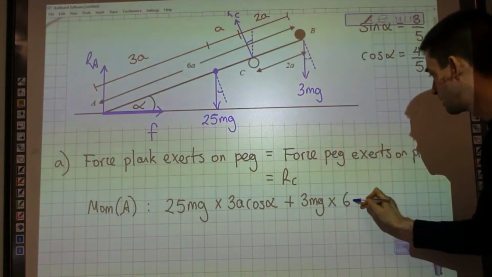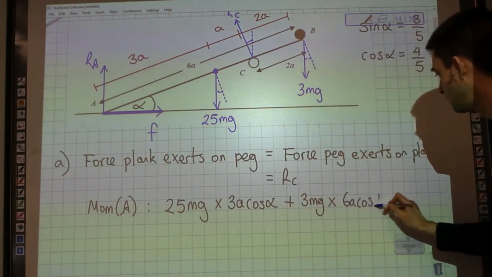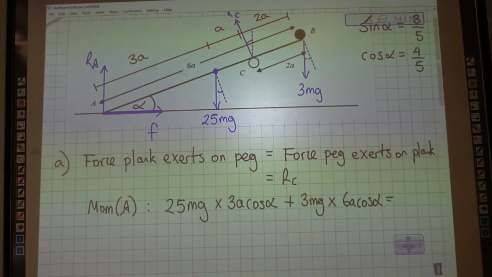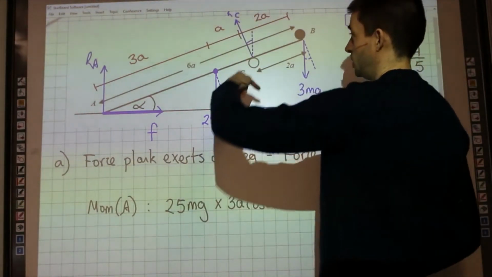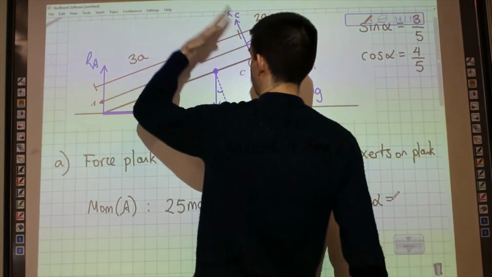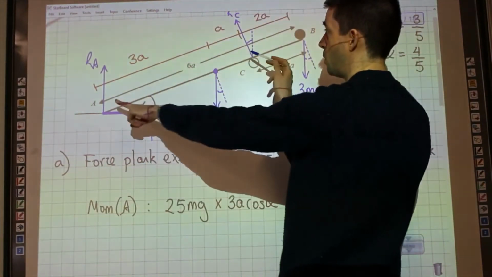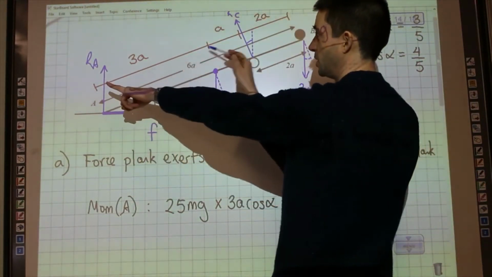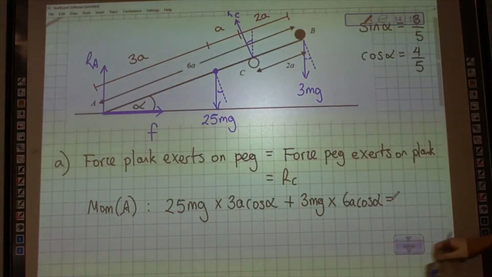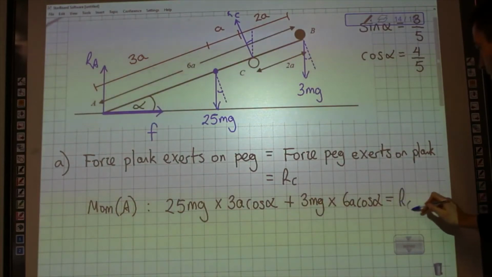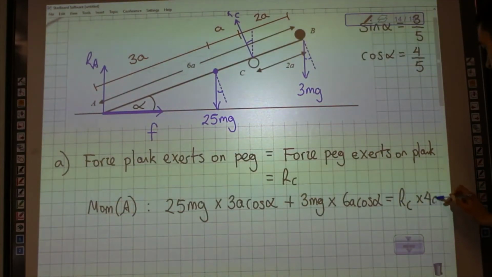So 6a cos alpha, and that is going to equal anything that's trying to make it go anti-clockwise, which is just the reaction at C times by 4a. Now, by labelling my diagram with the lengths earlier on, I know that that is the distance there. So RC times by 4a.